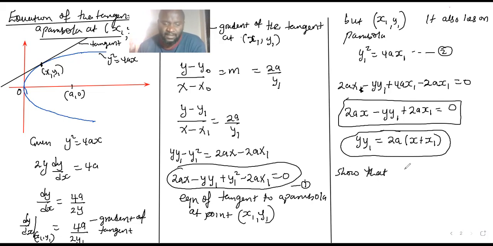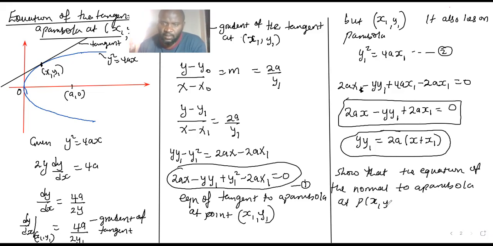Show that the equation of the normal to a parabola at a point (x1, y1) is given by y1 x plus 2a y minus y1 x1 minus 2a y1 is equal to 0.